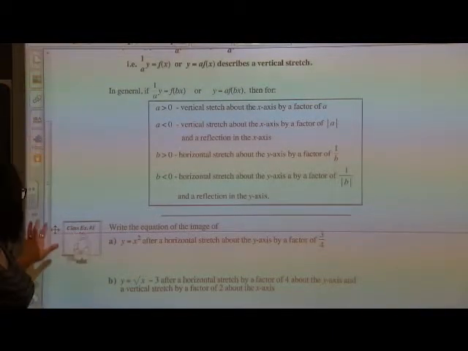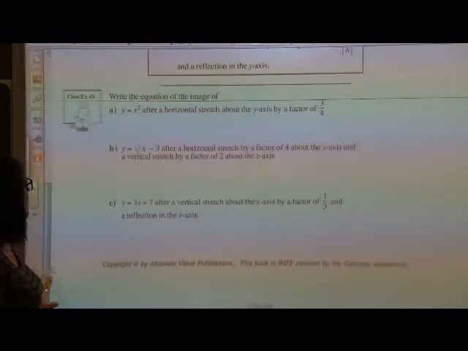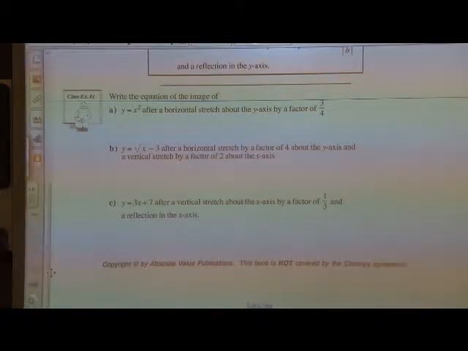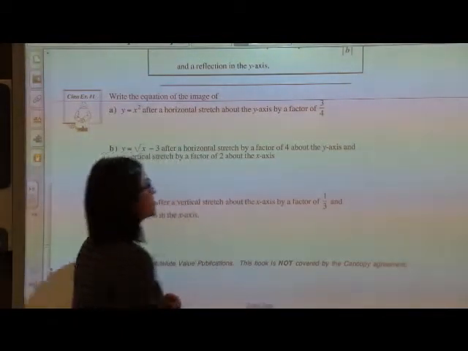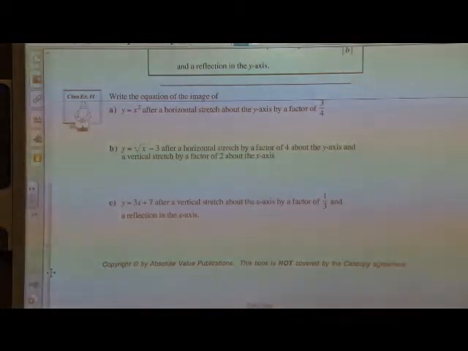So if we jump into the first class example, it says write the equation of the image of y equals x squared after a horizontal stretch about the y-axis by a factor of 3/4. So if I have a horizontal stretch, what is my replacement?